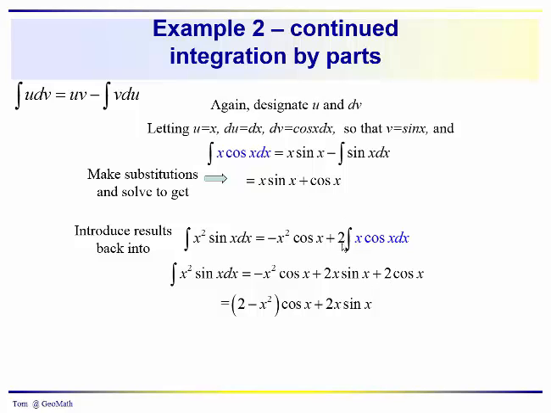So we're just distributing the 2 through this solution that we have up here, which we see over here in front of the integral. So in the end we can factor out a cosine x, and we have 2 minus x squared cosine x plus 2x sine x as the integral of x squared sine x dx.